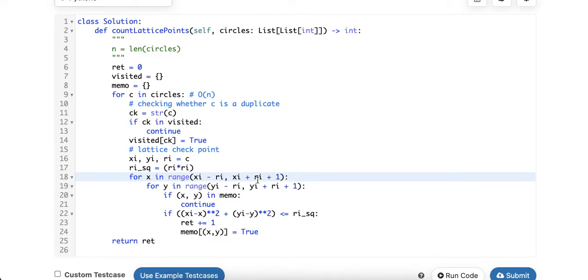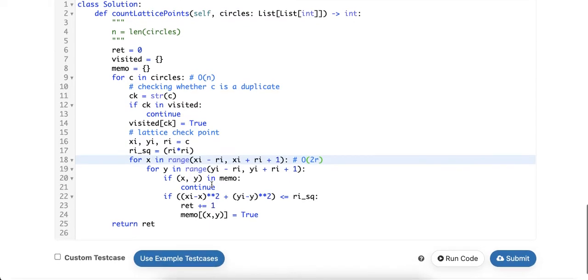So we need to have the radius and the i. This is actually as many as a radius could be, right? 2 times radius, basically. Same with this one. This will be big O(2 times radius), because that depends on the radius.